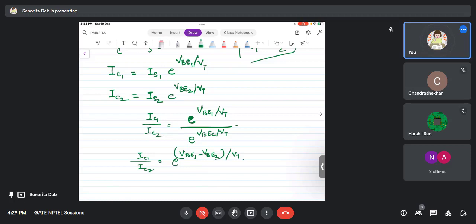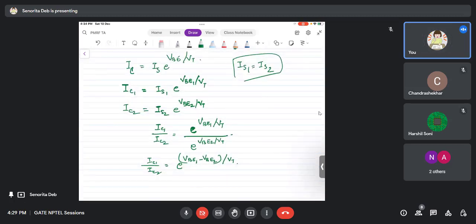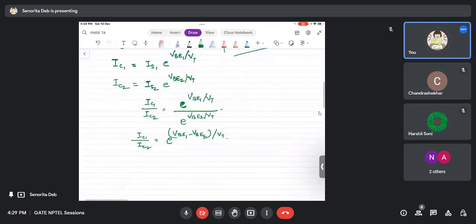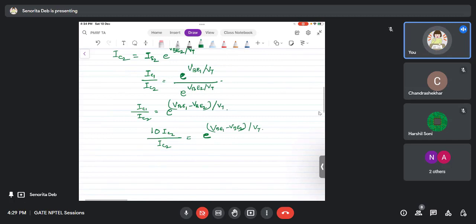Now IC1 is 10 times IC2, so 10 times IC2 upon IC2 equals e to the power (VBE1 minus VBE2) upon VT. If nothing is given, VT is to be taken as 26 millivolts, or they will provide it in the question. Now please solve this and tell me what you are getting. You have to solve 10 equals e to the power (VBE1 minus VBE2) upon 0.026 volts.